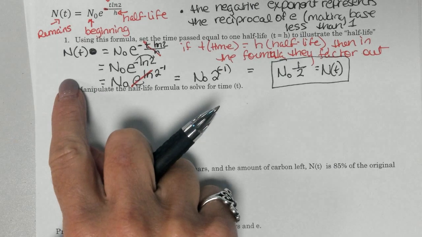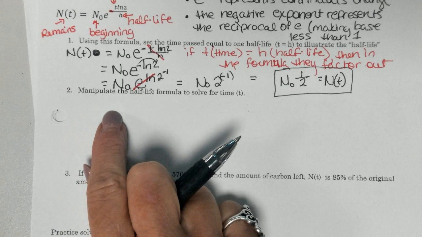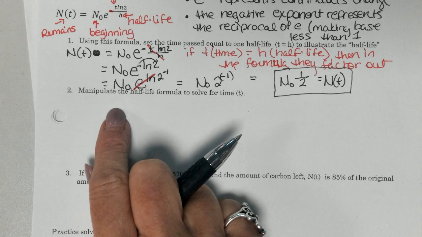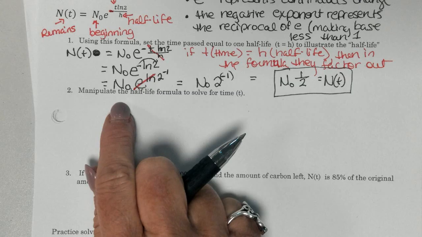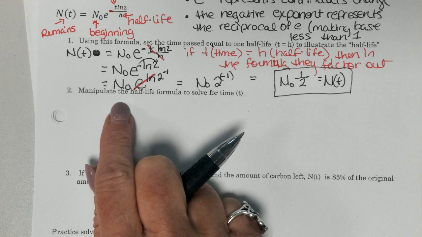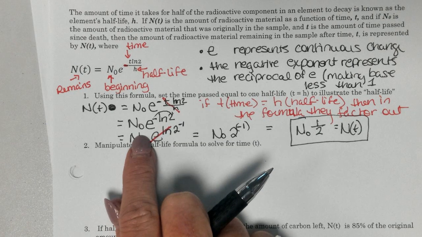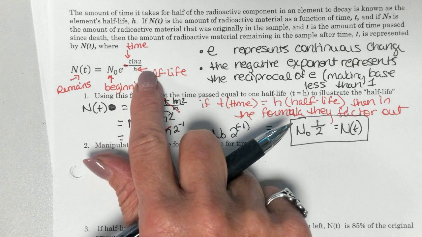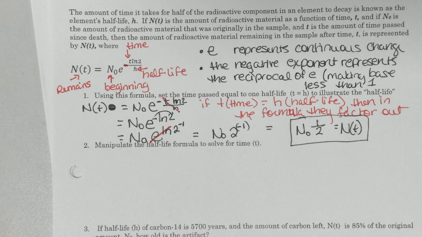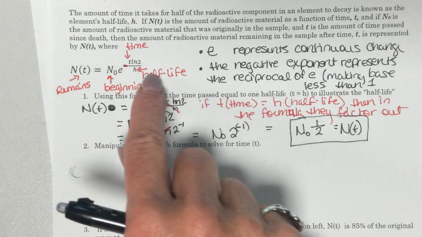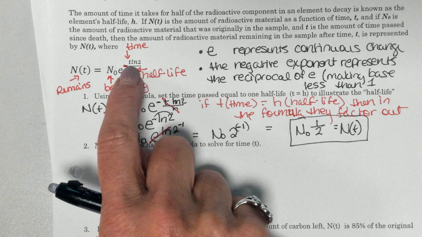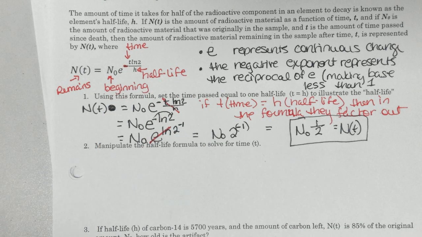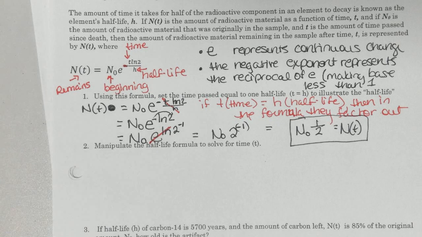All right. So now the next thing we're going to do is practice manipulating this formula. Because you're going to be given all of this different pieces of information, but you're going to be missing one piece. And if that one piece happens to be half-life or time, those are in our exponent, and we're going to have to draw that out of the exponent.